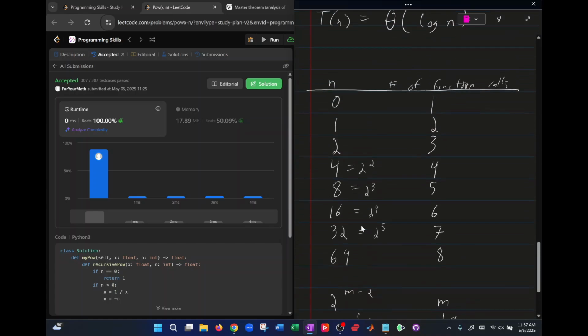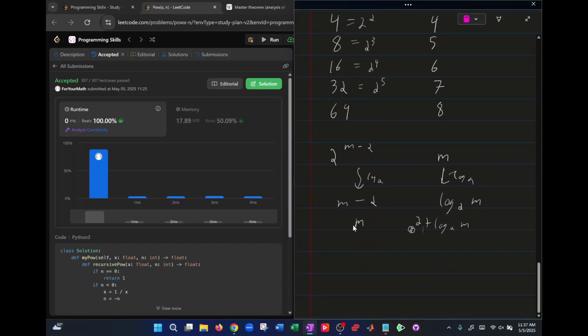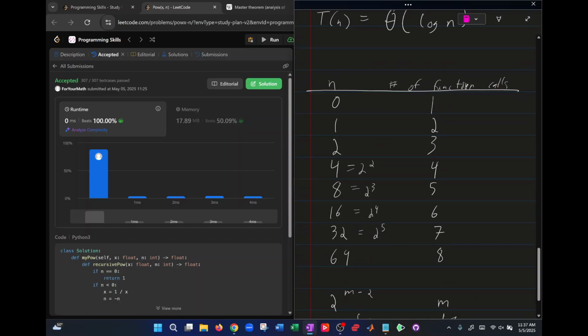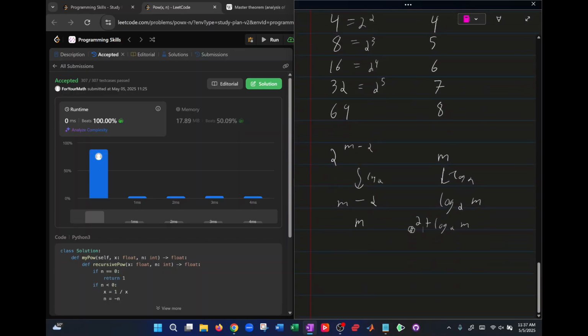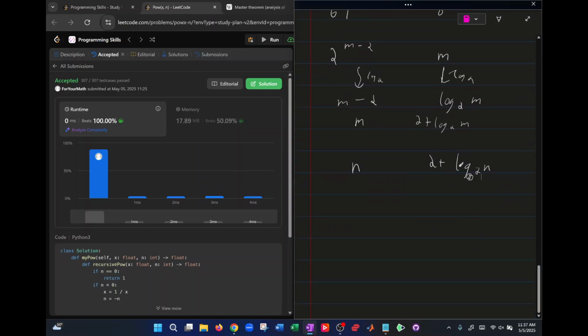And so basically, if we're using the variable n here, let's do that. So this is going to be n, and this is going to be 2 plus log base 2 of n. So basically, we can see here that if the input is the integer n where n is a power of 2, then the number of function calls is going to be 2 plus log base 2 of n.